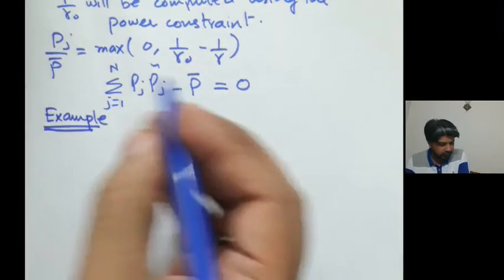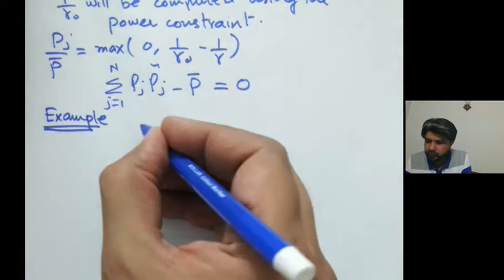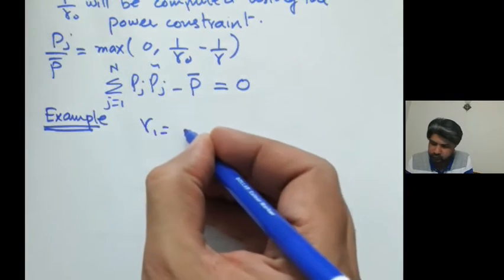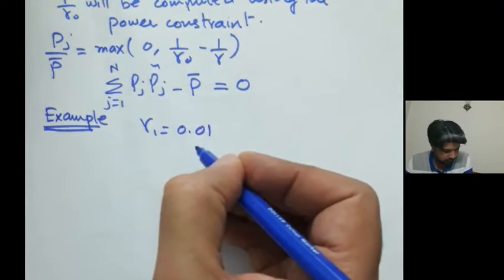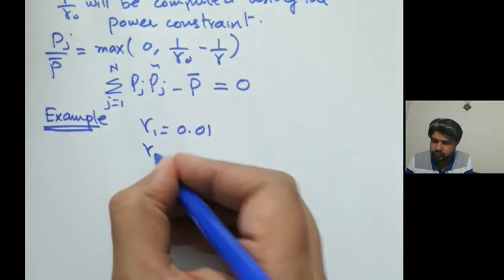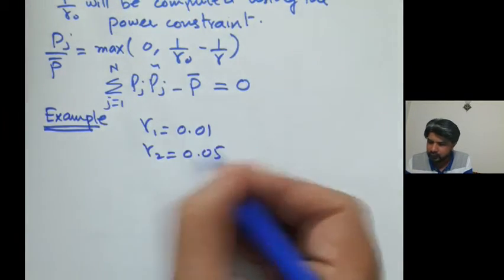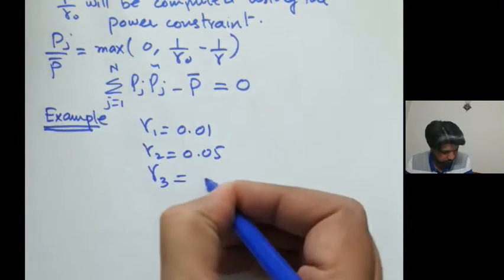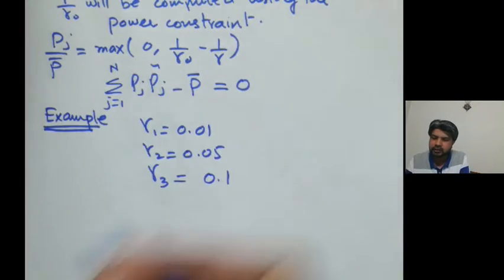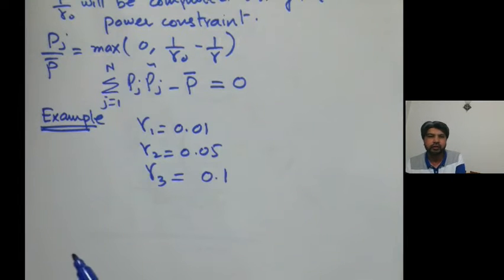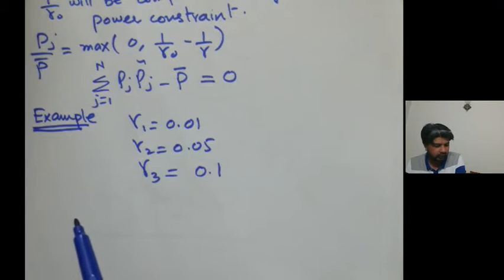Suppose you are given a three-state channel. Suppose gamma 1 is equal to 0.01, gamma 2 is equal to 0.05, and gamma 3 is equal to 0.1. So you can see that the signal to noise ratios are really low for all three states.